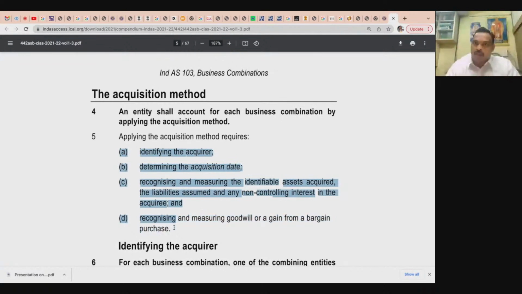Whenever you are going to acquire a business, maybe in our student days we would have heard about amalgamation, absorption, so many terms, and the teacher would give an explanation in a difficult way between amalgamation and absorption.